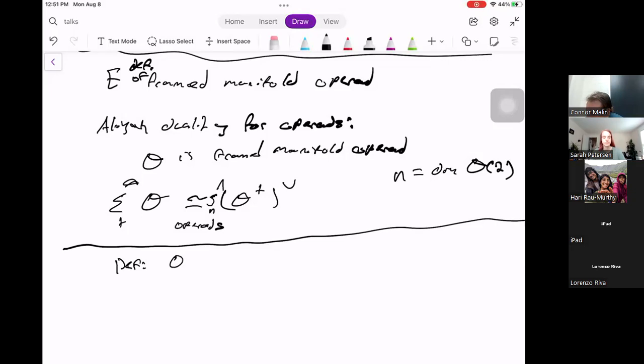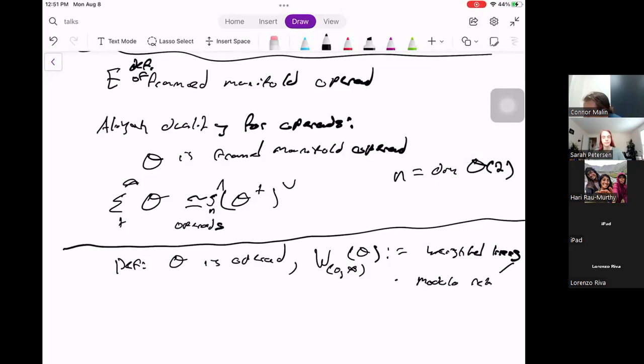If O is an operad, define W_{0,infinity} of O to be weighted trees as before, modulo the same relations, except for the root length 0 condition and the length infinity condition.